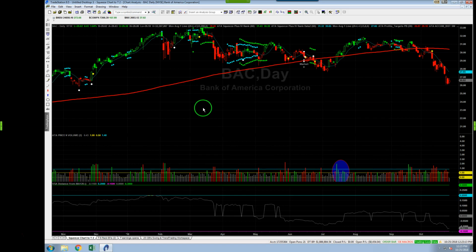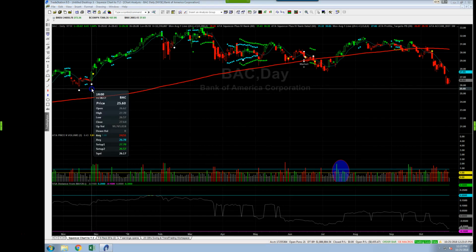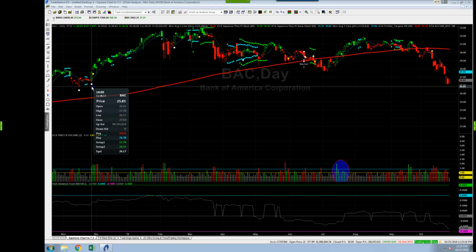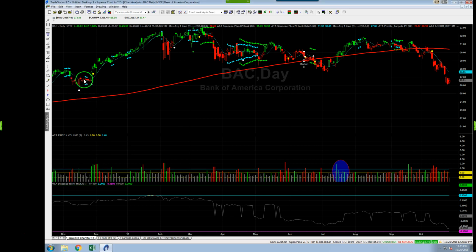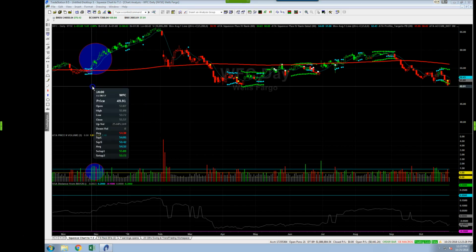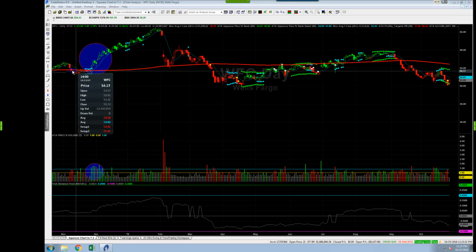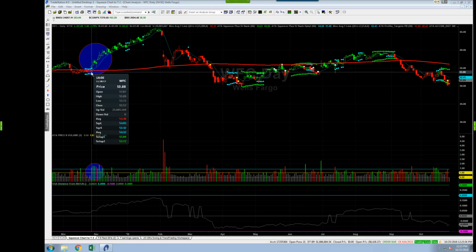When should we have been wanting to trade Bank of America? Right here on the 28th, when huge volume came in and broke it out of its squeeze, pushing it on a killer move. And we can sit here and go through the book of financial stocks, and almost each and every one of them broke out of a squeeze on the 28th.